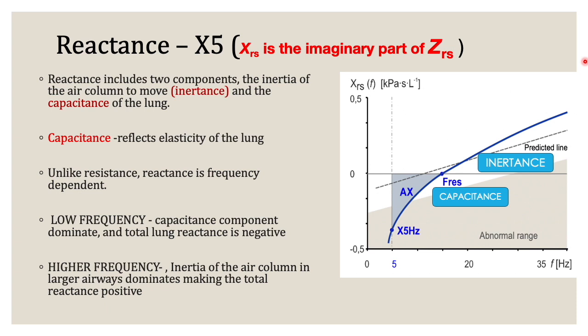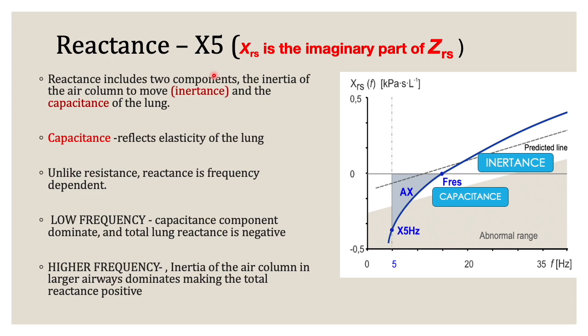Reactance with capacitance may mean the ability to store energy and the ability of the lung for elasticity. So together that can contribute to a reduction in patients with fibrosis and a reduction in patients with hyperinflation. So this value X5, which is more of a deduced value from all the variables that we mentioned, this X5 reactance helps us to understand whether this lung is more fibrotic or whether this lung is more hyperinflated.